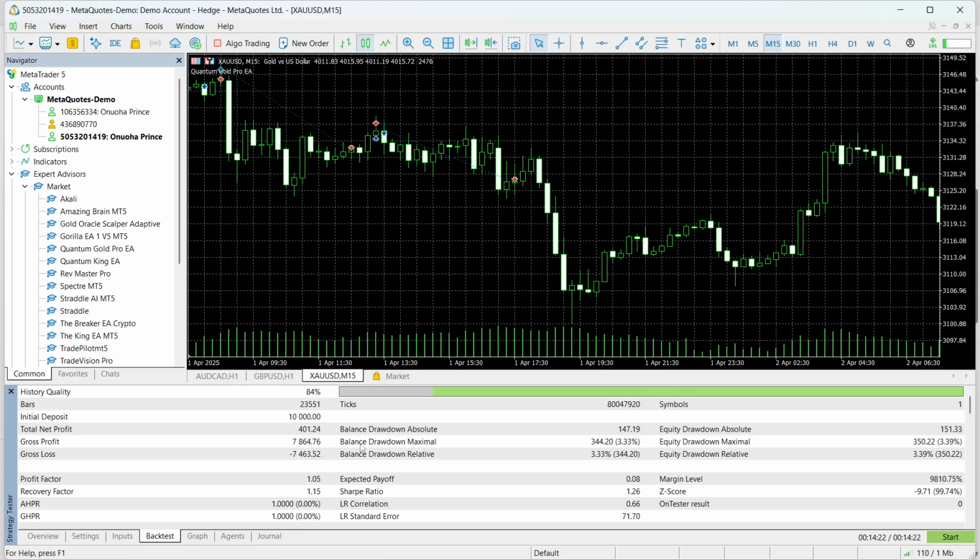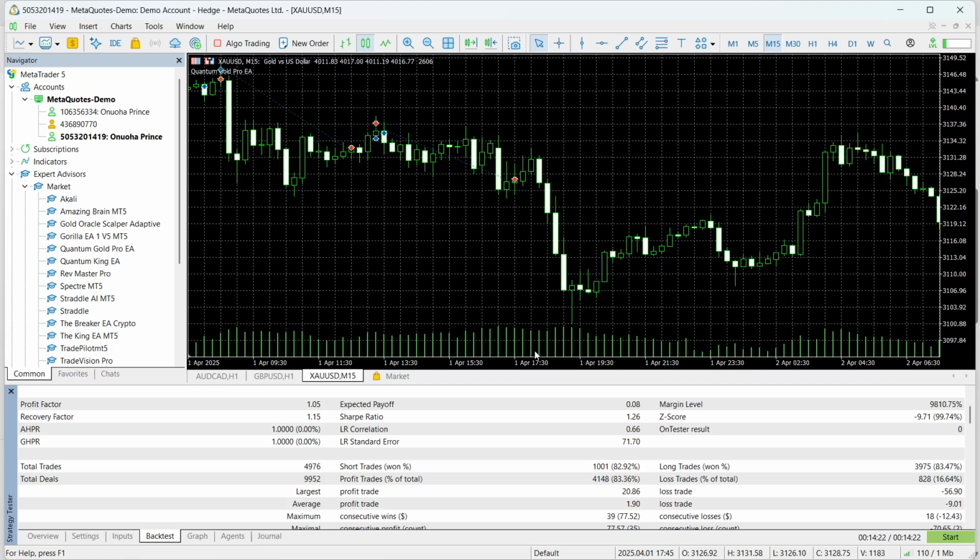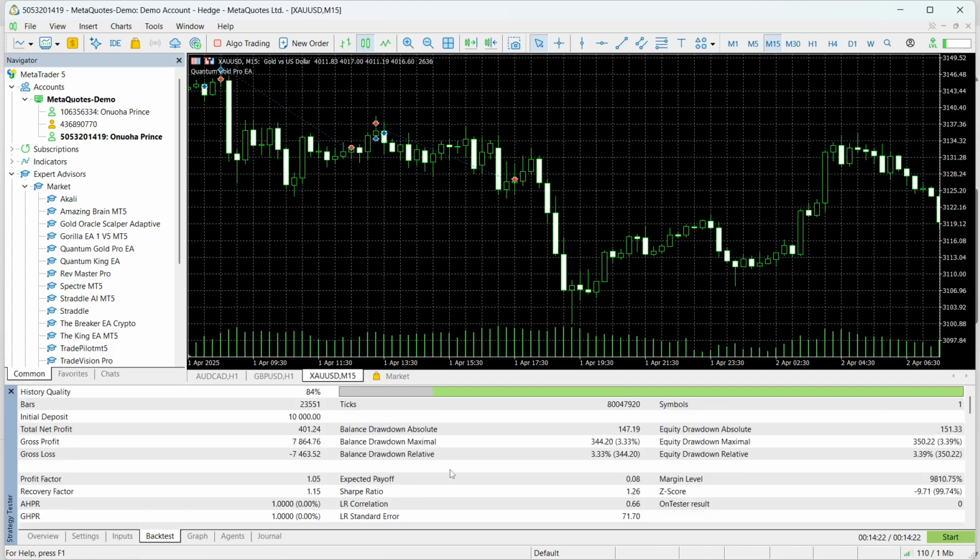Settings could also be a factor, but overall, I don't think the comparison is exactly what the developer claims. We can see that the profit factor is just 1.05 and the balance drawdown is 3.33%. The total number of trades taken in the 1 year period was 4,976. So the EA was actually quite active.